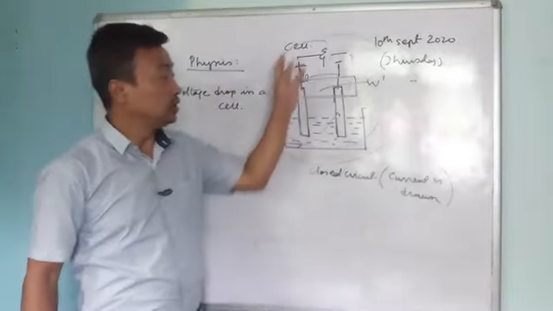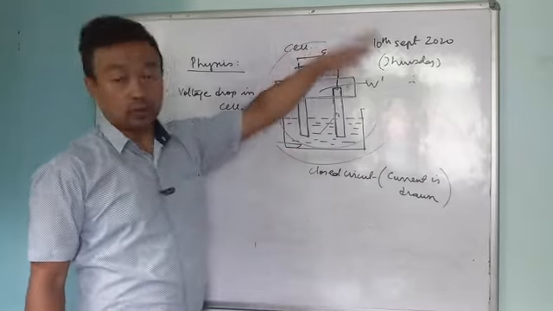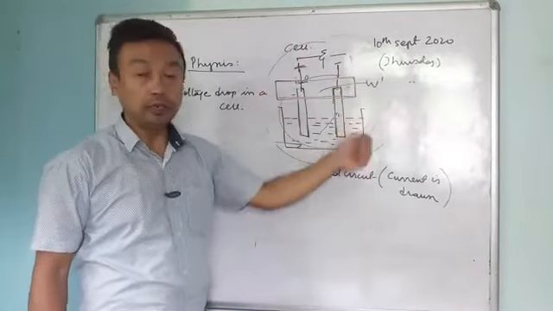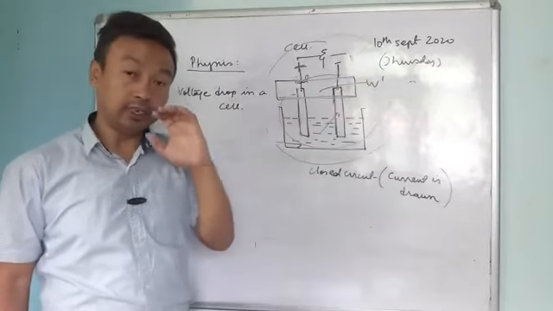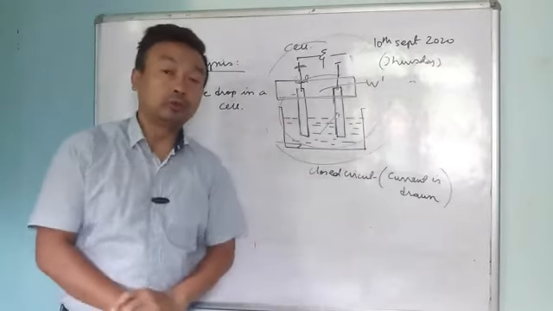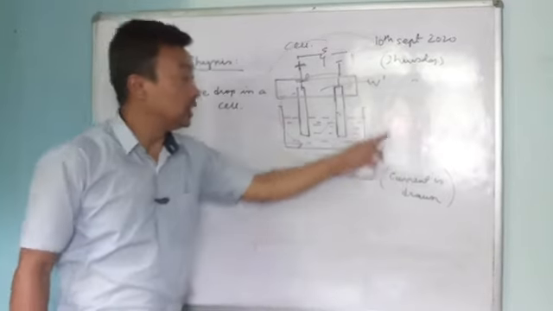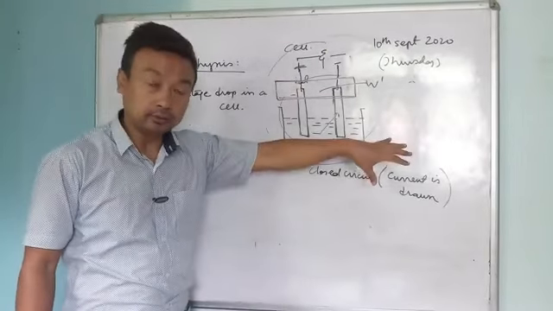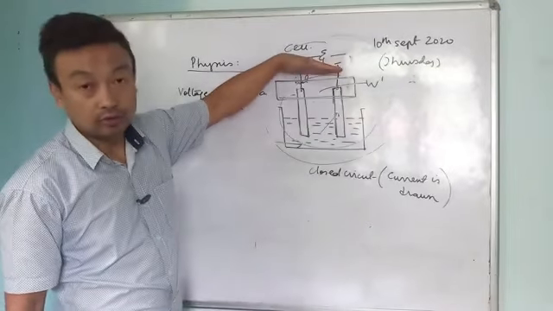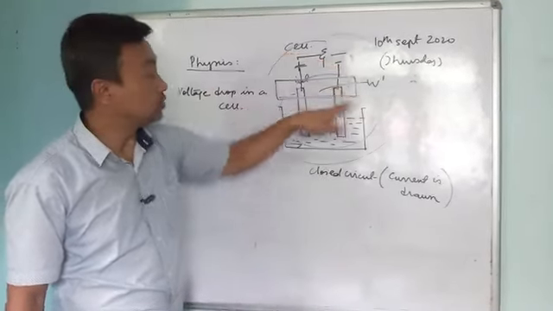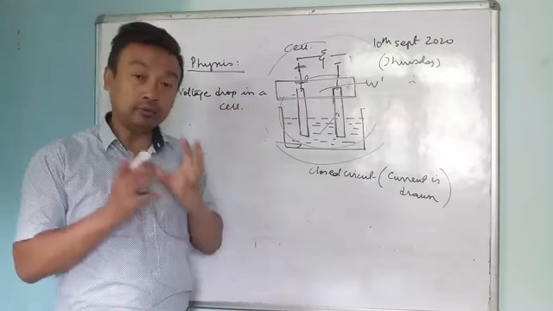Obviously when you take the first one, that is EMF, and the second one, that is the terminal voltage, EMF is more than the terminal voltage, because EMF is for the entire complete cell, whereas the terminal voltage is only for the external circuit. Therefore EMF is more.